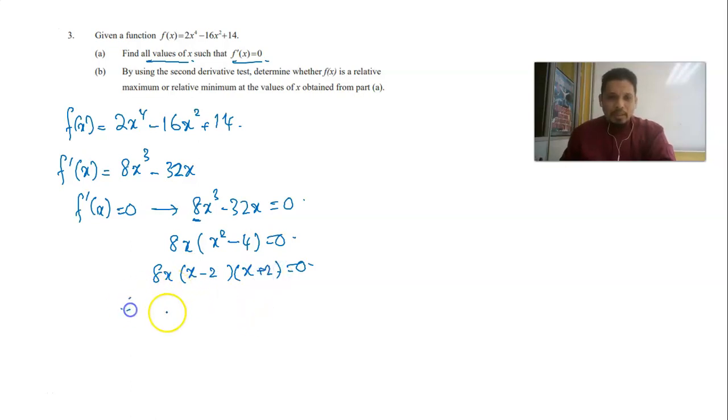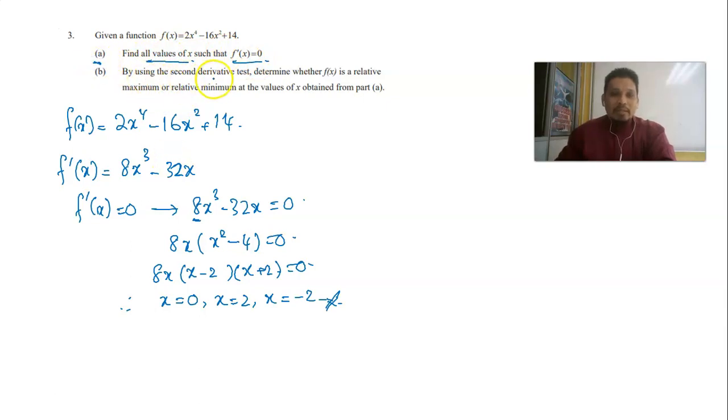From here, we can list down all the values of x, which is x equal to 0, x equal to 2, and x equal to negative 2. So these are all the values of x such that f prime x equal to 0 for question A.